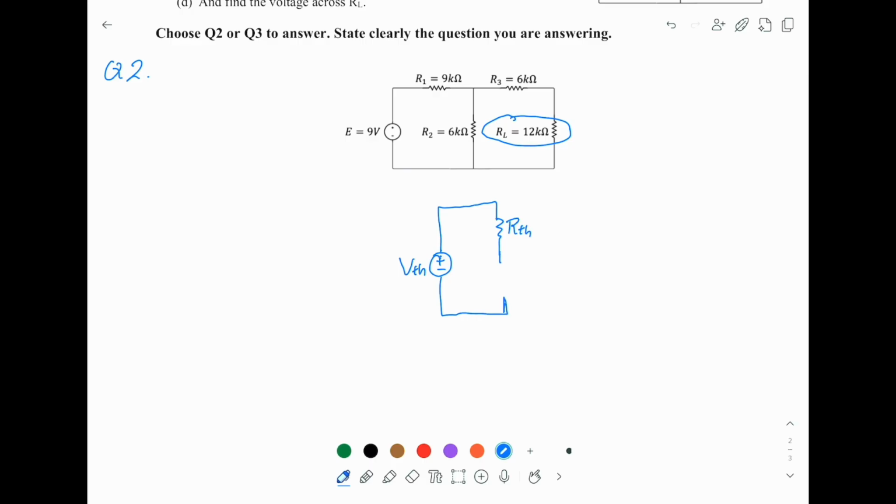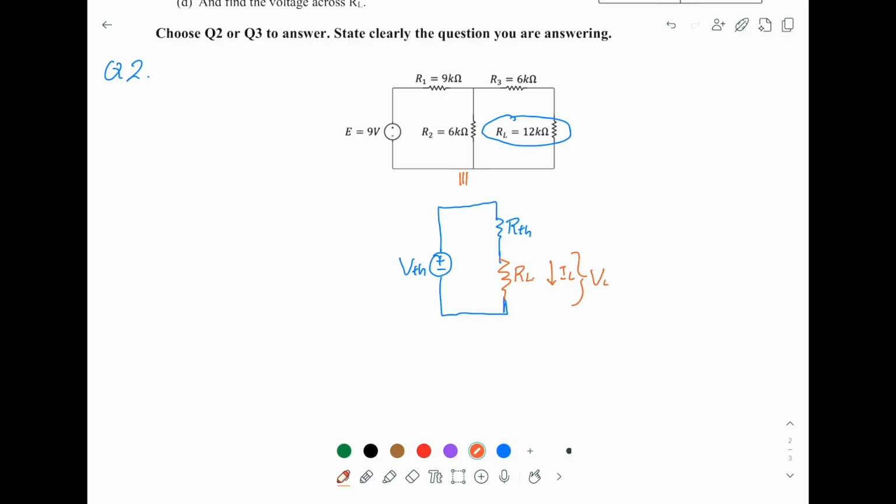Now, we put the load back. This is our load. So from here, once we find this, we say these two circuits, from the point of view of the load, they are equivalent, because you can calculate the I passing through the load, and also you can calculate the voltage across the load.